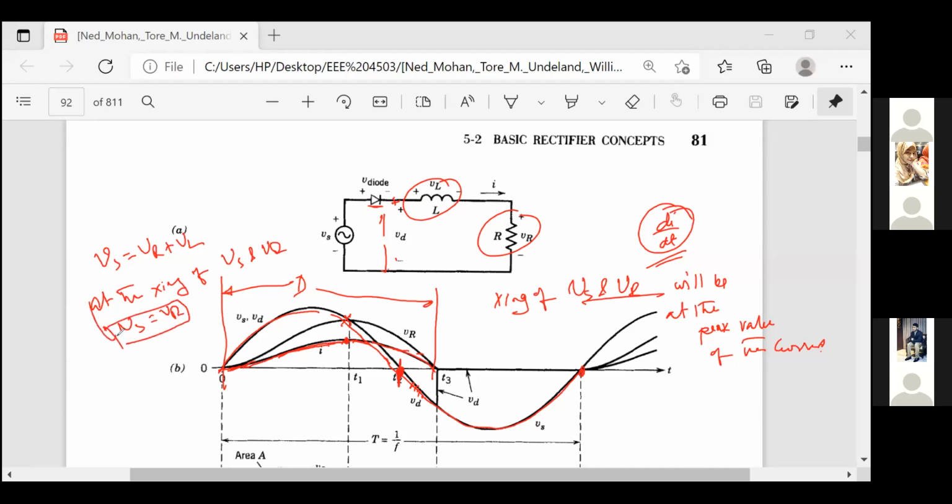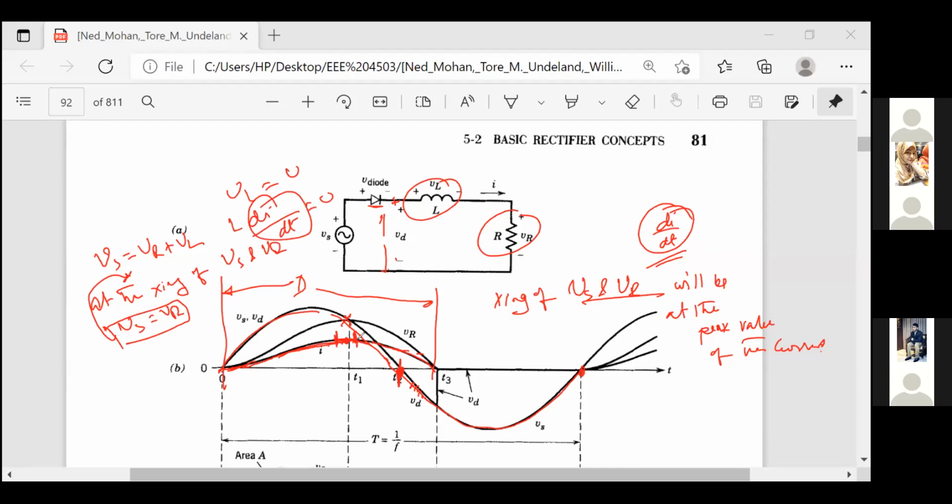If you substitute here, then VL equals L di by dt equals 0. So di by dt, which is nothing but the change of current, is 0, not constant, it is 0. There is no change, and it will be a maximum.